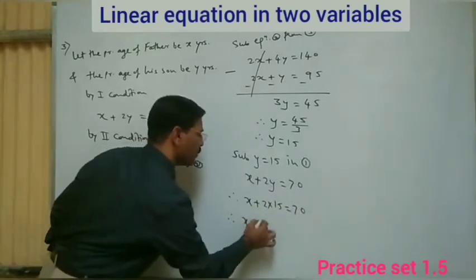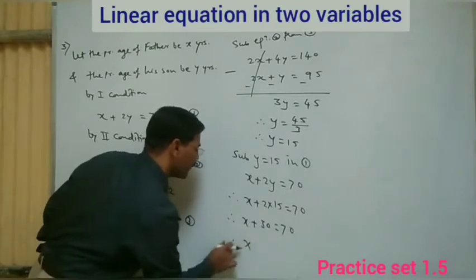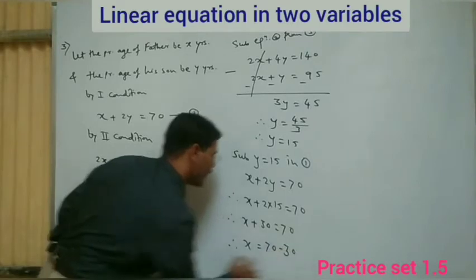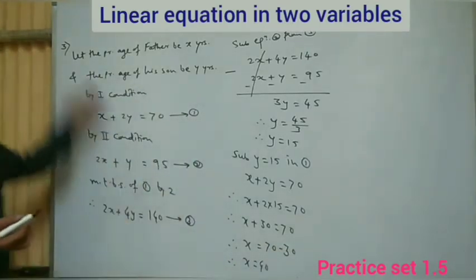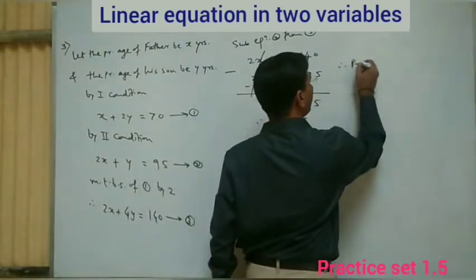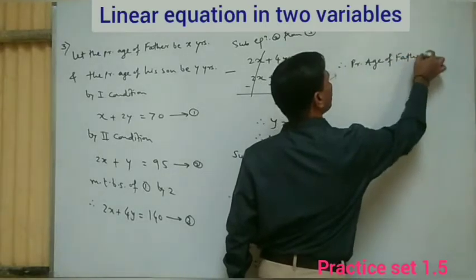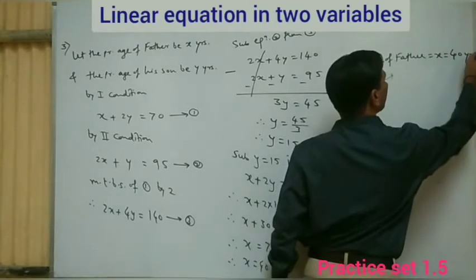So x plus how much? 30. So by simplification, we'll get x equal to how much? Yes, 40. So what is x? This is the present age of father, which is x equal to 40 years.